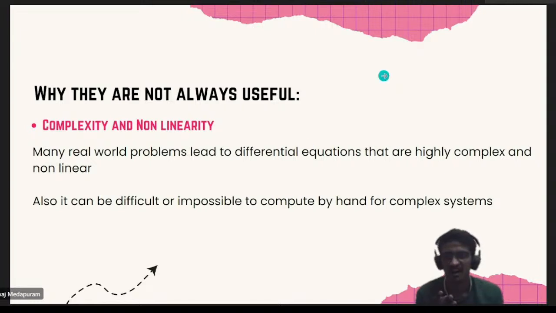As I mentioned, many real world problems lead to differential equations that are highly complex and non-linear. Let's say you have a system of 1,000 differential equations and you need to solve them by hand. It's not feasible. So mathematicians have thought about it and devised ways to solve differential equations, and many other problems that are difficult to solve by hand.